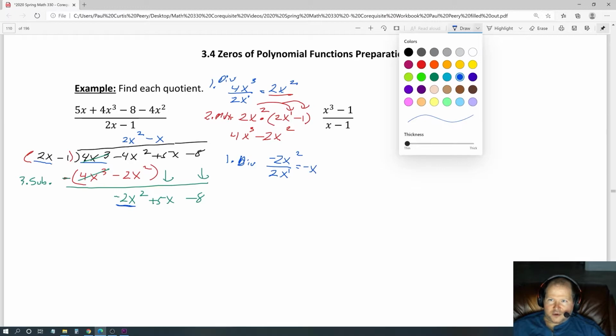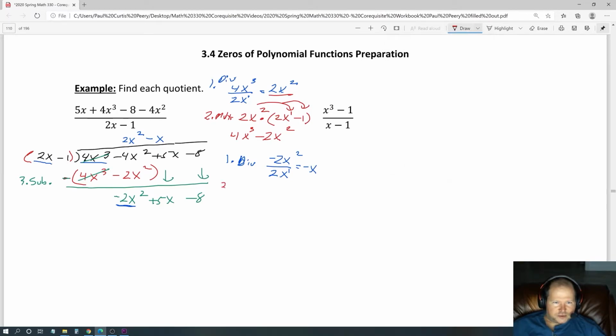Now we move on to the second step, multiplication. I take the negative x and multiply it by 2x minus 1. Negative x times positive 2x gives negative 2x squared, and negative x times negative 1 gives a positive x.